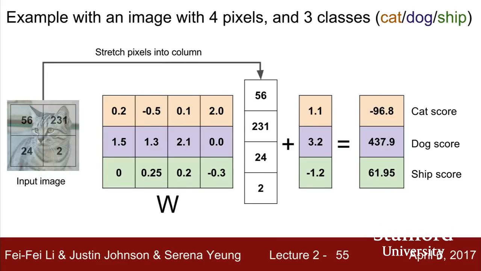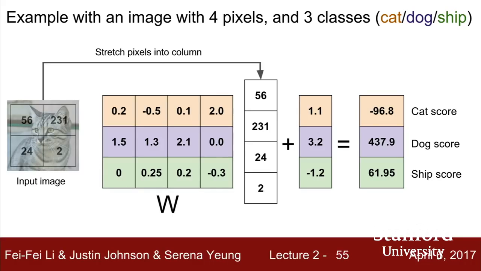So now we see that the cat score is going to be the inner product between the pixels of our image and this row in the weight matrix, added together with this bias term. When you look at it this way, you can understand linear classification as almost a template matching approach, where each of the rows in this matrix corresponds to some template of the image.